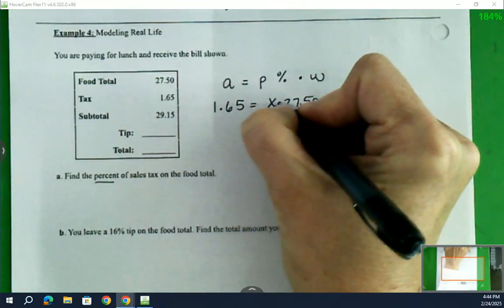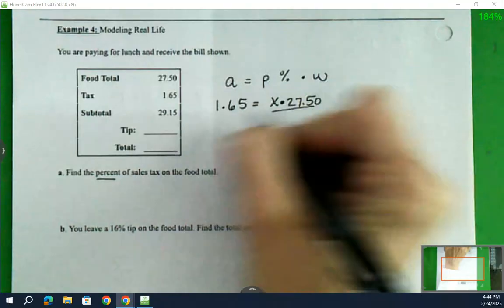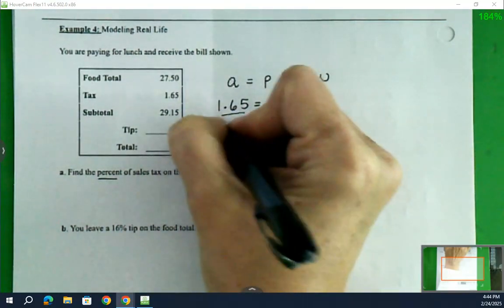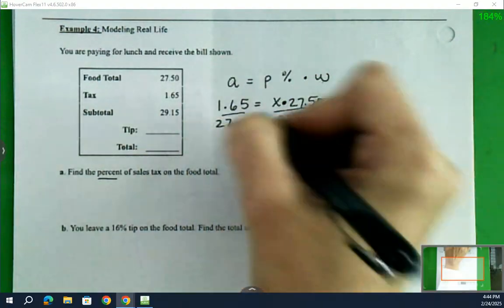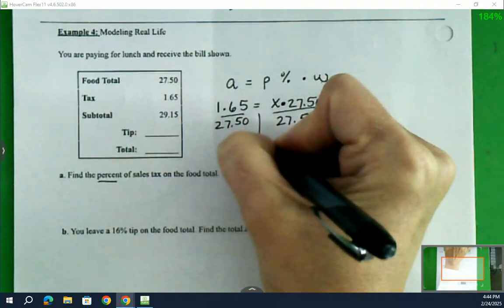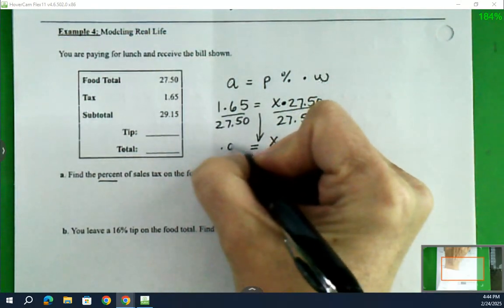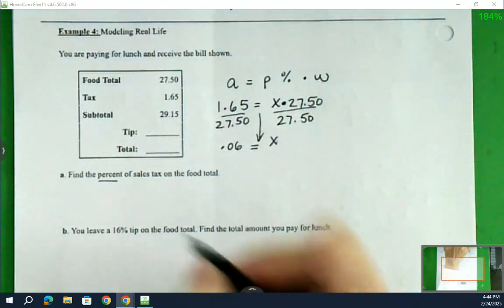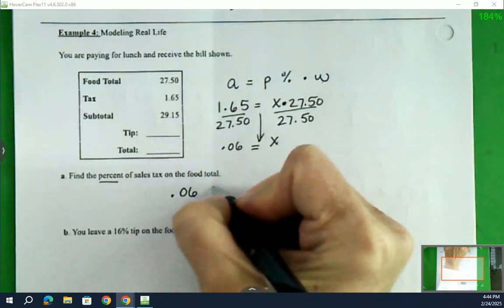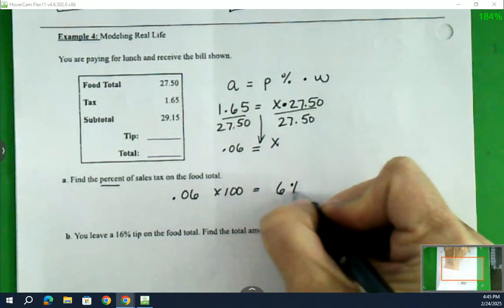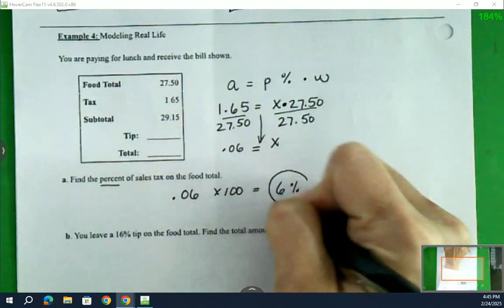Okay, so of course, whatever we multiply, we have to divide both sides by to get X by itself here. And we get X equals 0.06. Now remember, that's the decimal. So we're going to have to do 0.06 times 100 to get our percent of 6% tax.